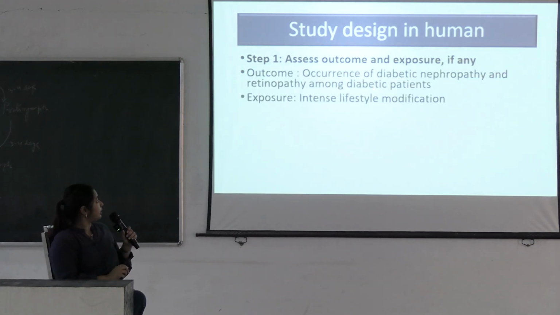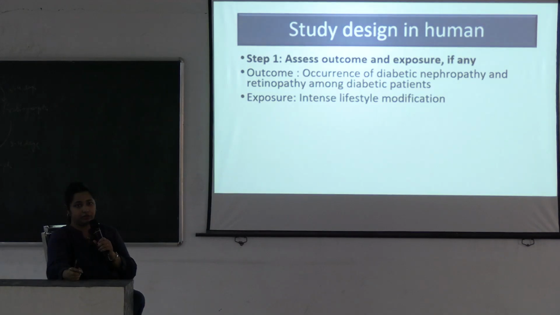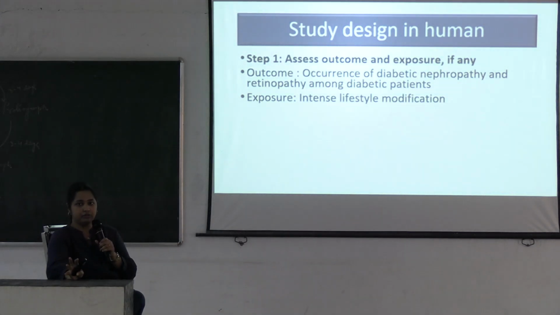For example, occurrence of diabetic nephropathy and retinopathy among diabetic patients. Exposure is intense lifestyle modification. So if you are giving intense lifestyle modification to diabetic patients, then what is the occurrence of diabetic nephropathy and retinopathy? That is, whether diabetic complications are occurring in those patients or not. You want to understand that, so you give them lifestyle modifications.